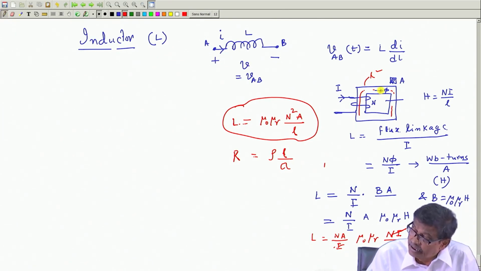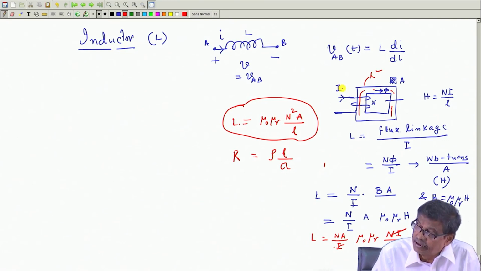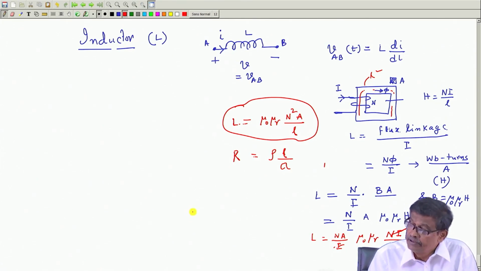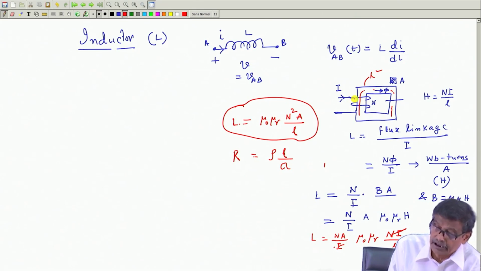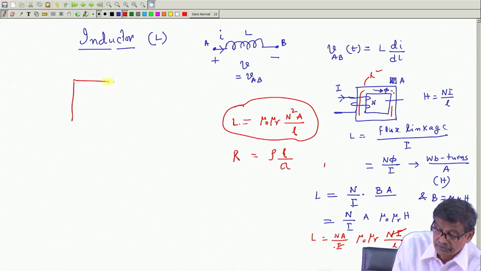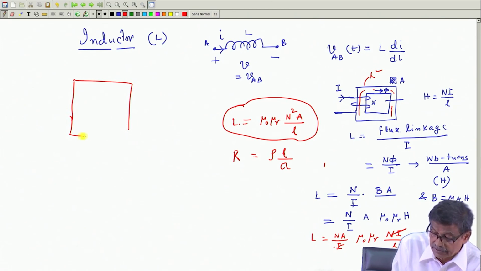See, after all, if this I becomes time varying, then this flux will also be time varying, and if flux is time varying, there will be an induced voltage here. So, let me draw this inductance to remove any doubt you still might be having. Suppose this is your inductor with a magnetic core.